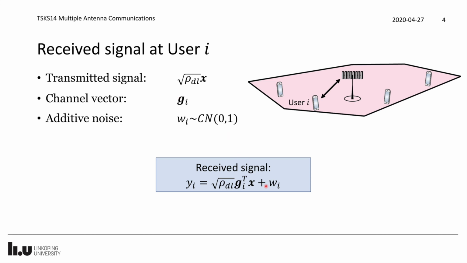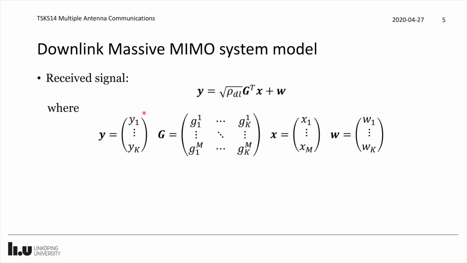So we just get x multiplied with g_i transpose, then the transmit power, and then we add the noise. This is the received signal from one of the users, but we can write all of this in one matrix-vector description. We can take the received signals y_1 to y_K and put them in a K-dimensional vector that we call y. Then we consider a channel matrix G, where each column is the channel from one user to the base station.